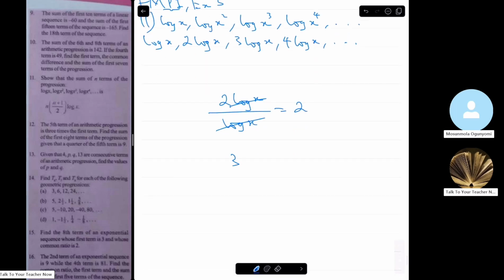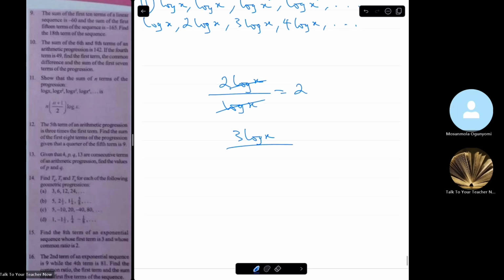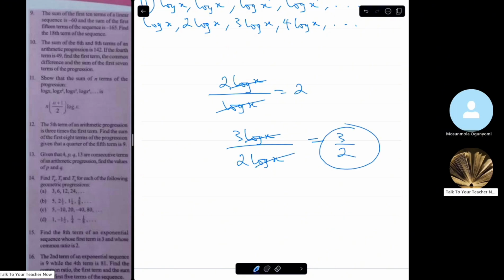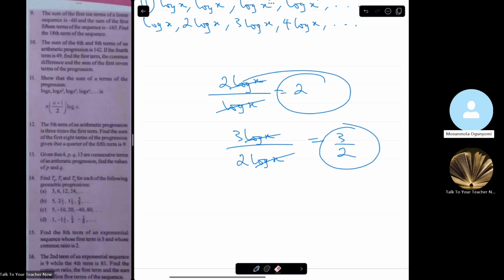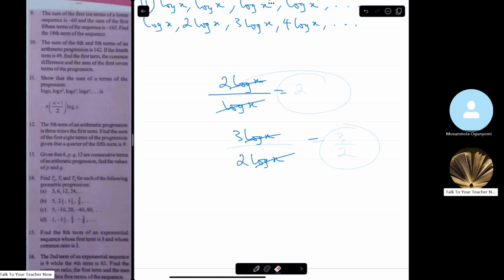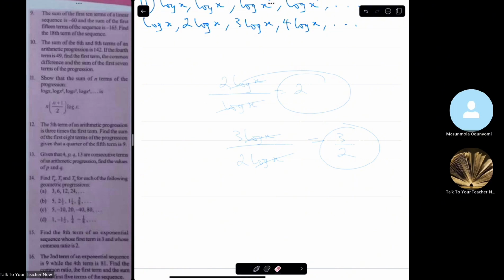Is it the same as T3 over T2? T3, the third term, is 3 log x, over T2, which is 2 log x. That's 3 over 2. Is that the same as 2? No, sir. Good. So that means it is not an exponential sequence. Do you understand? Yes, sir.